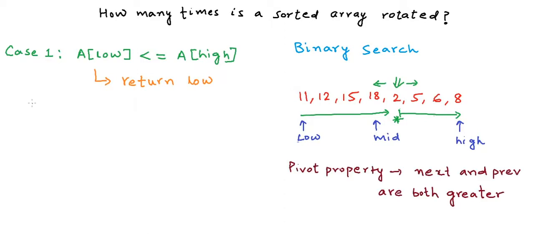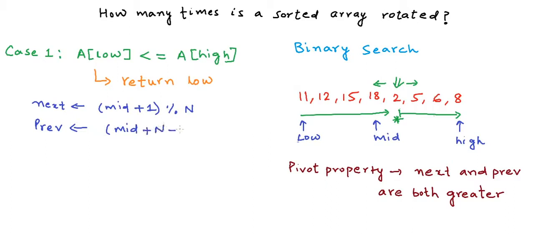So here we calculate next as mid plus 1 modulo n. Modulo n because if mid is the last index in the array, we need to go to the first element. So the modulo operation does that. And previous would be mid minus 1 modulo n, and we will also add n here so that mid minus 1 does not become a negative number.